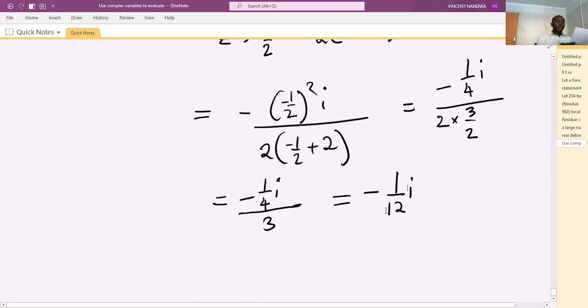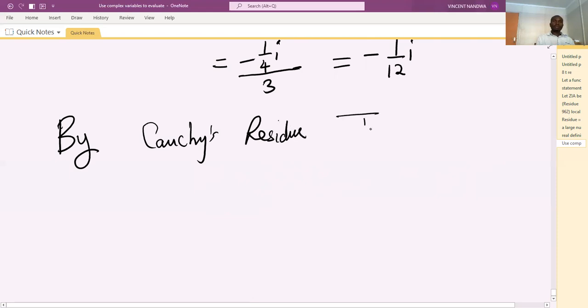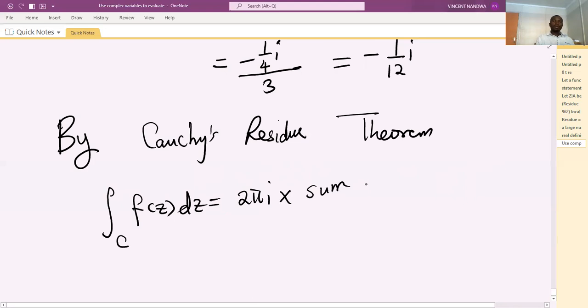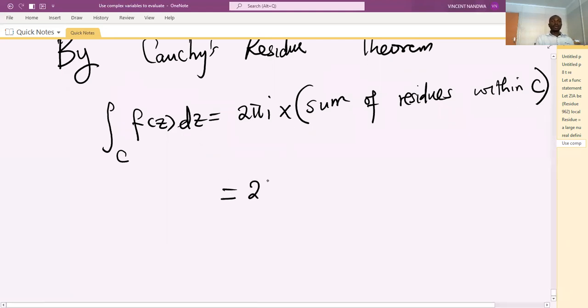So that's the residue. Now by Cauchy residue theorem, the integral along C of f of z dz is 2 pi i times sum of residues within C. But because in our case we only had one pole within C, this is just the same as saying 2 pi i times negative i over 12.